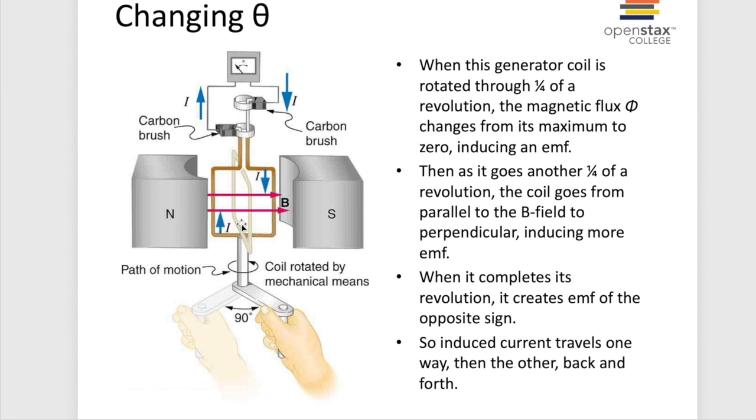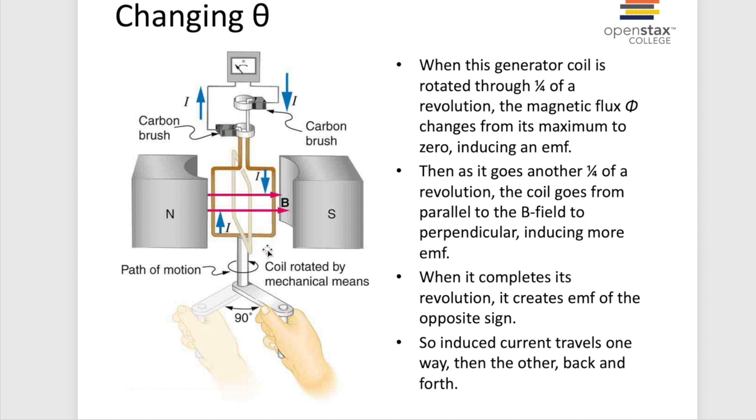If I have a coil of wire that's attached to a handle like this, and I rotate that handle to various angles, in this case, it's rotated so that the area vector is perpendicular to the B field vector, and there will be no flux. There is no magnetic field passing through the wire.